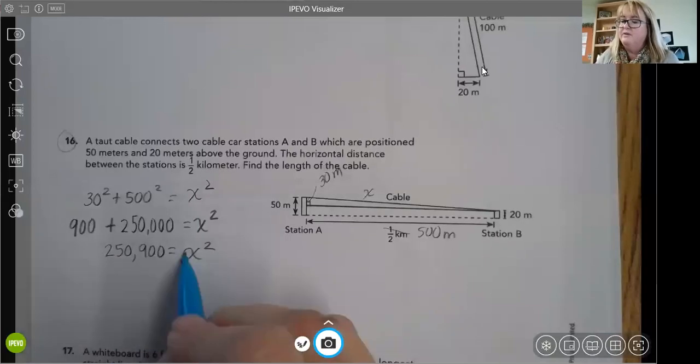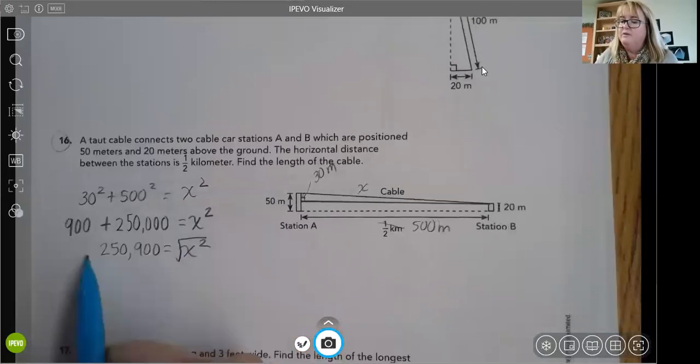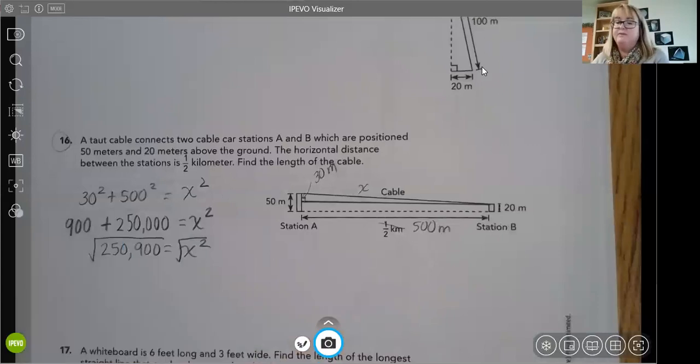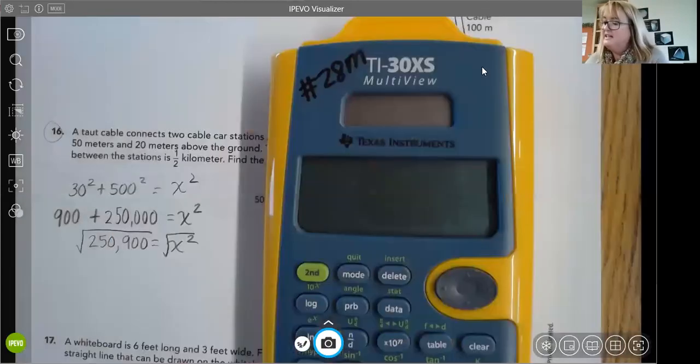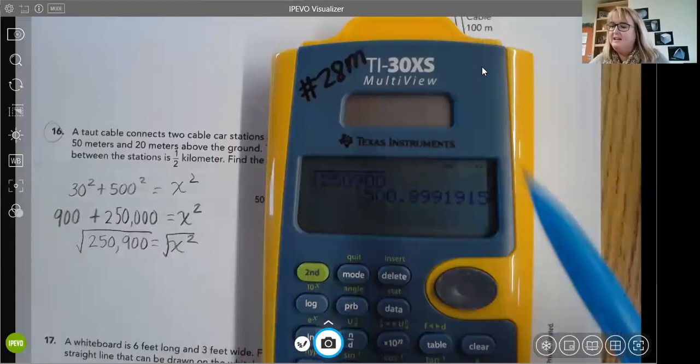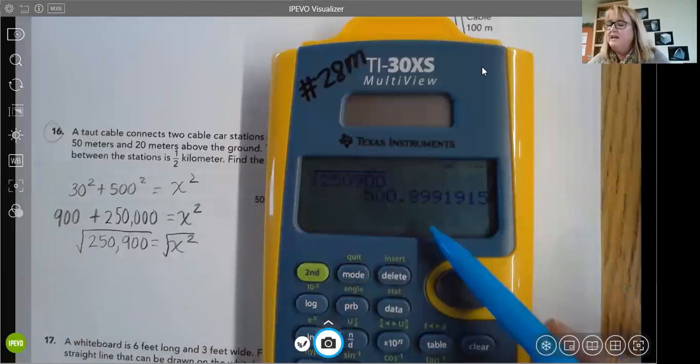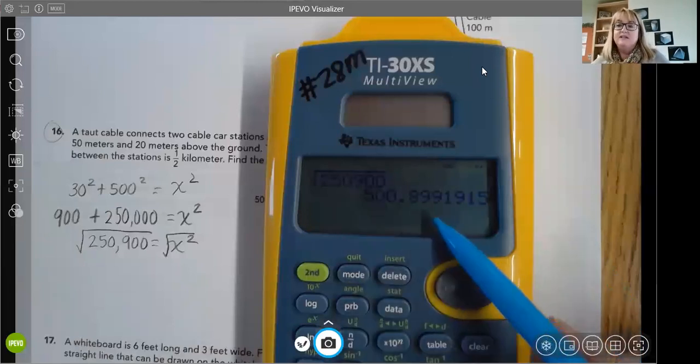But again, I don't want x squared, I want x. So I'll have to square root that. And if I square root one side of the equation, I have to square root the other. So let's get our calculator and find the square root of 250,900. And that is 500.899. It does say to round to the nearest tenth.